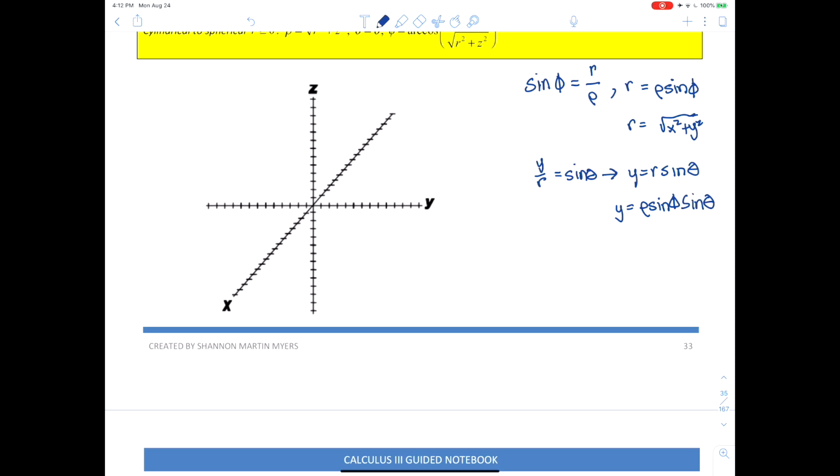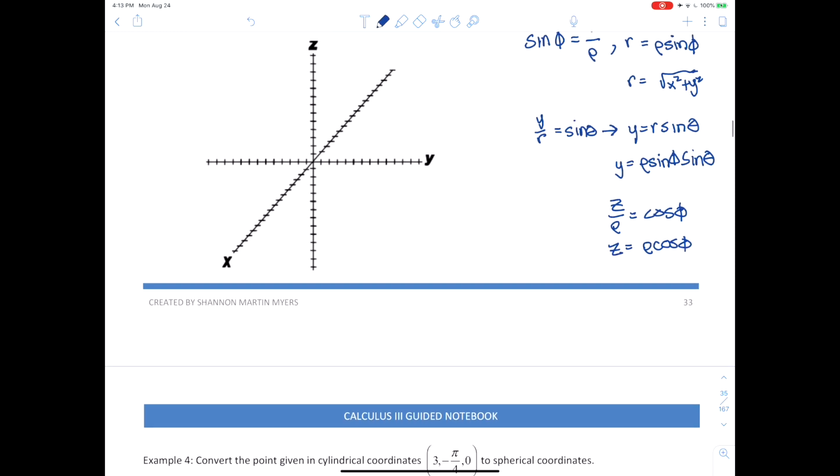Okay, z over rho equals cosine phi. So z is equal to rho cosine phi. And then x over r is equal to cosine theta. That's an oldie. So x is equal to r cosine theta. And then taking it into the spherical, we've got x is rho sine phi cosine theta.